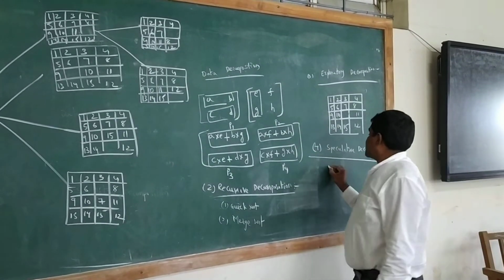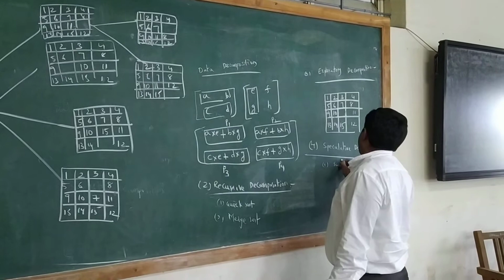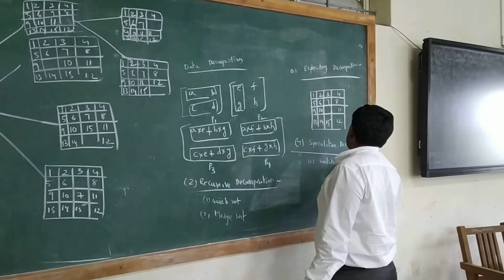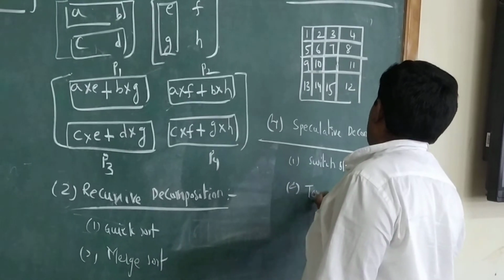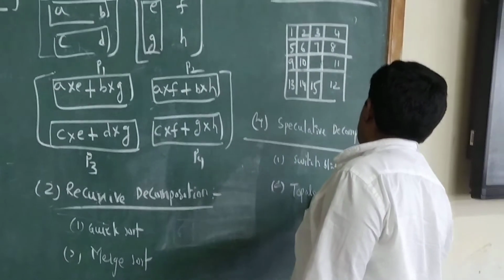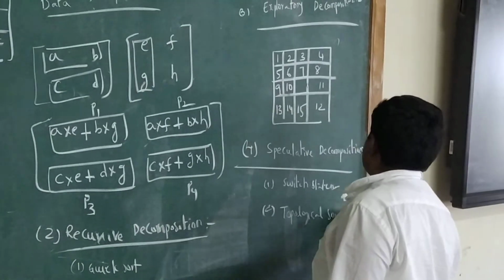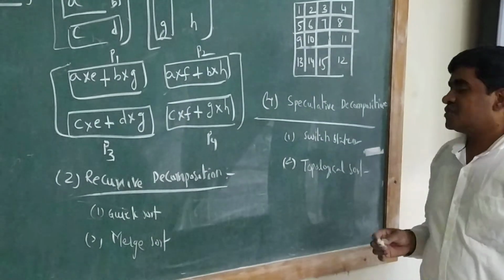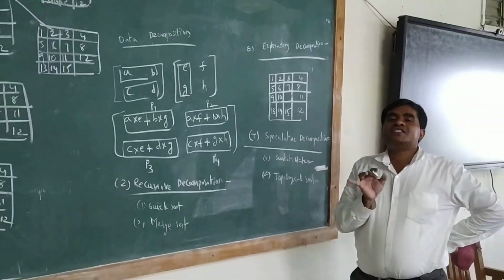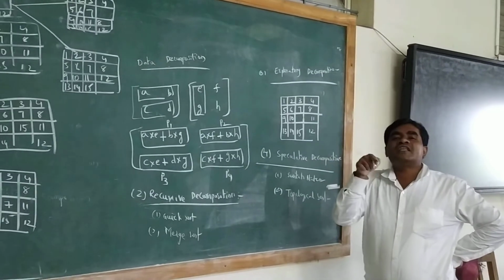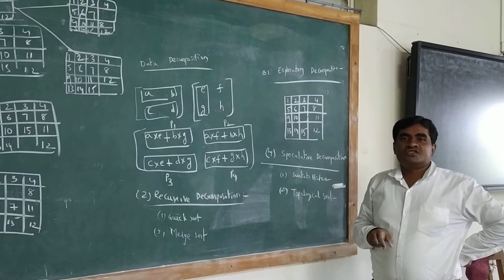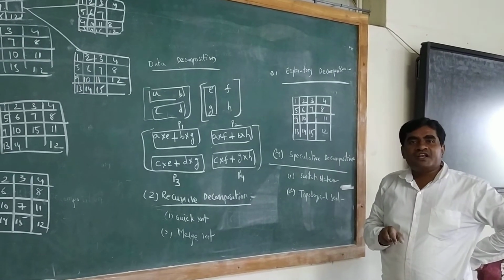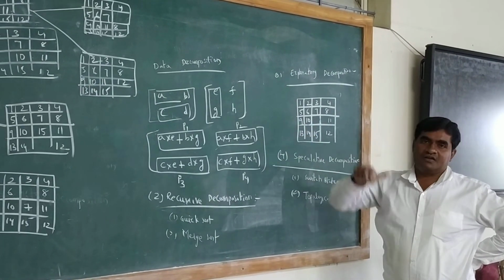Another example: the first one is the switch statement. The second one is topological sorting. See, topological sort means we have to calculate, for each and every vertex, what the incoming edges are. If there are no incoming edges for a vertex, first we keep it in the sorting order.